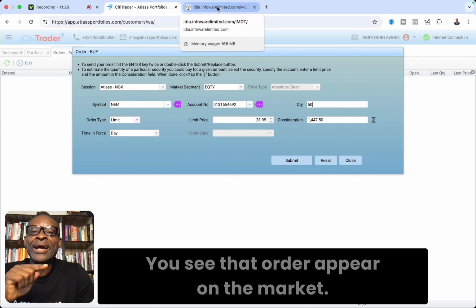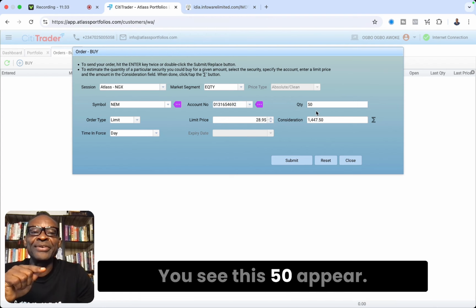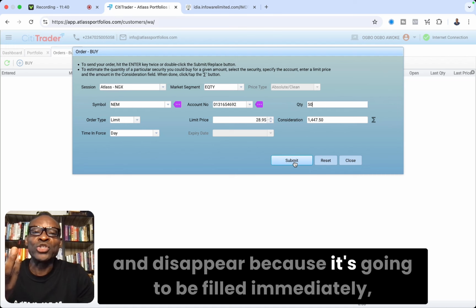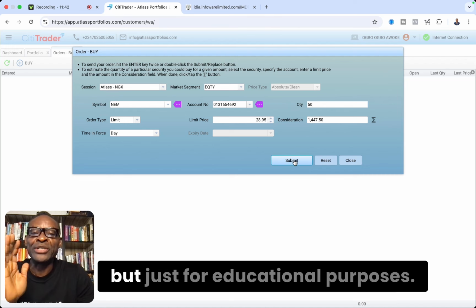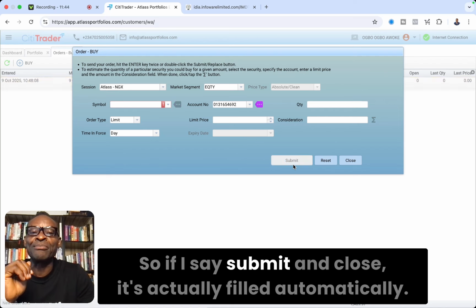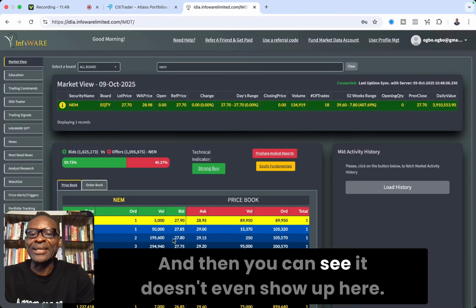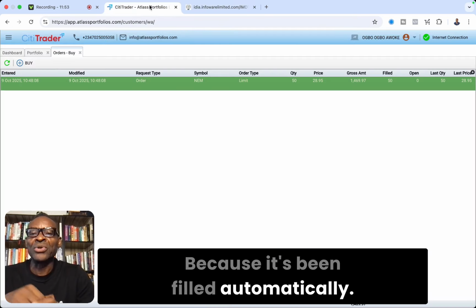You see that order appear on the market. You see this 50 appear, but it might be so fast that it will appear and disappear because it's going to be filled immediately, but just for our educational purposes. So if I say submit and close, it's actually filled automatically. And you can see it doesn't even show up here because it's been filled automatically.